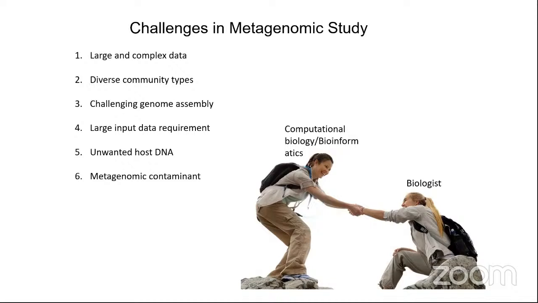And the final one is metagenomic contaminants, which are elements you don't want for your survey, and these will lead to misleading analysis of your community genetic diversity.